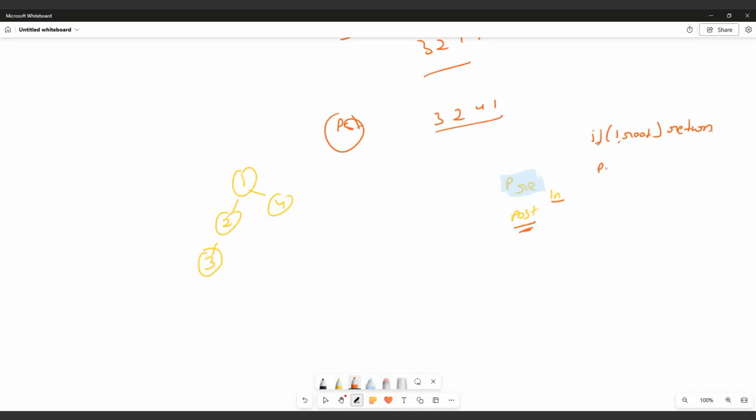Then go for post of root left, then post of root right, and print the root data. This is what my post-order function looks like.